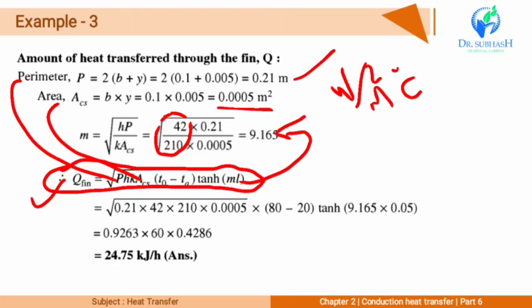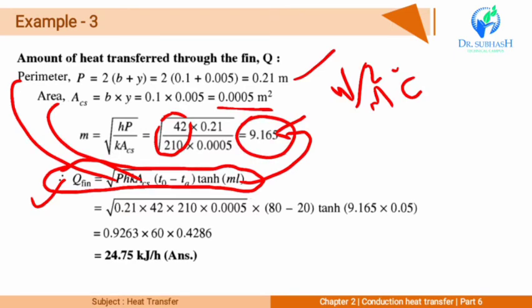That means if we convert hour into 3600, both will cancel out, so no need for this unit conversion and we directly take the value h is equal to 42 and k is equal to 210. So we get the value of m by mathematical simplification, which is equal to 9.165.